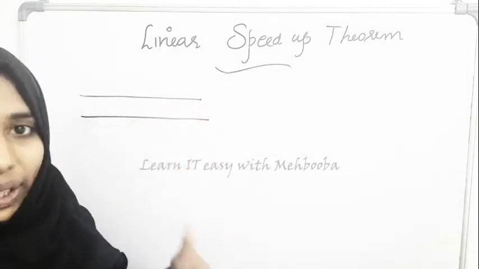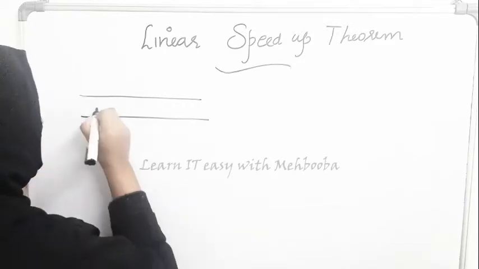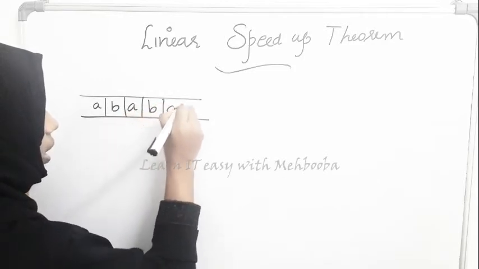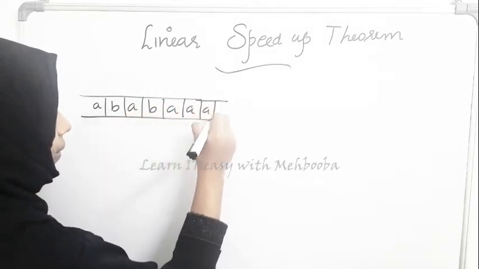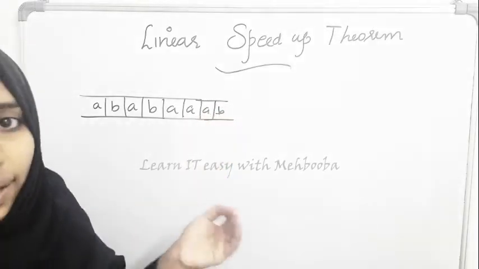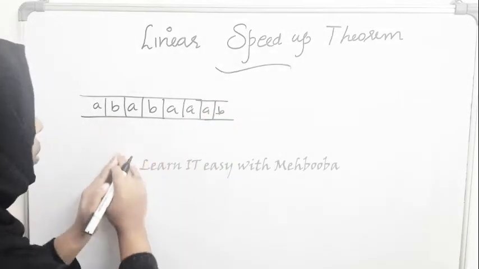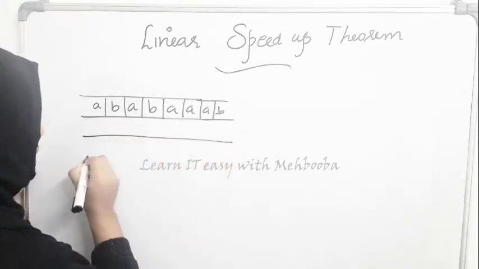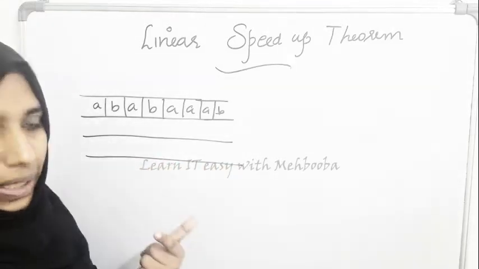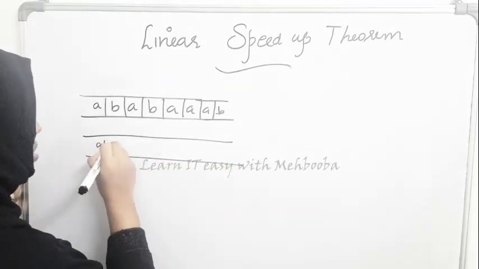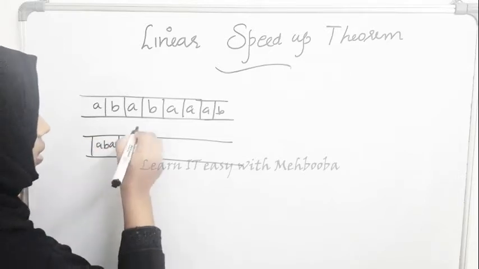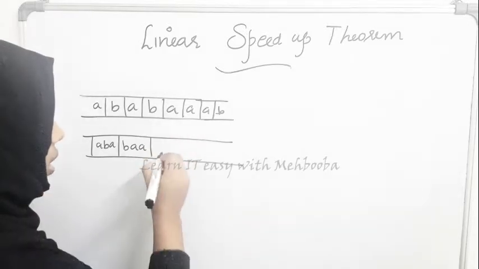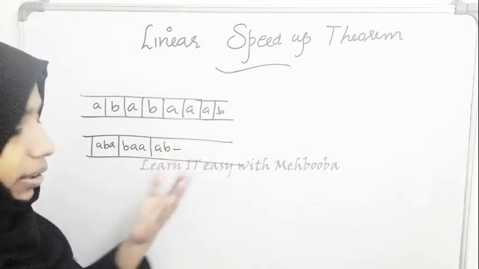So if the tape is like this, A B A B like this, I can condense the symbols into a more condensed tuple format. For example, if I am condensing it into 3 tuples, I can write ABA as a single character, then BAA as the next single character, and now AB is the other character, like this.